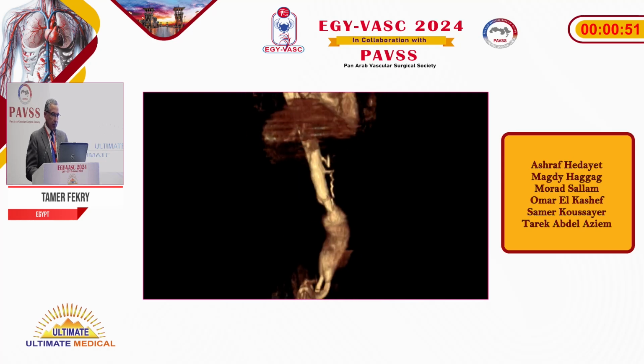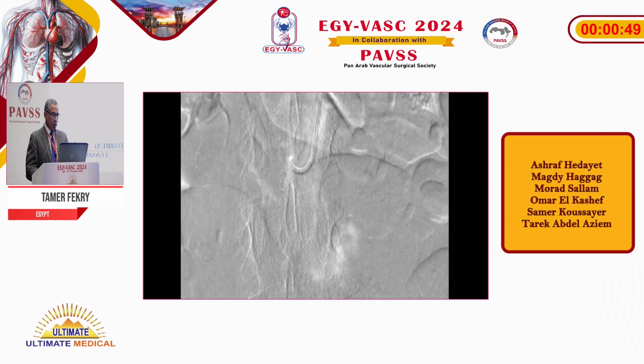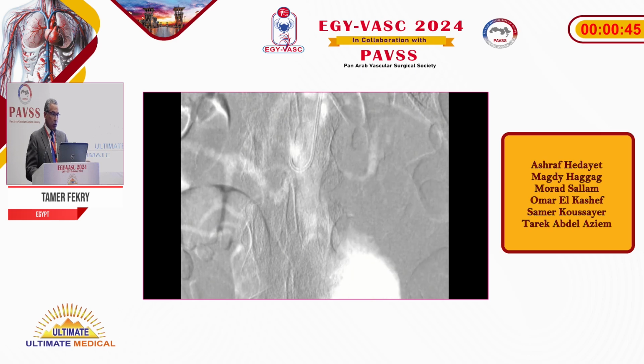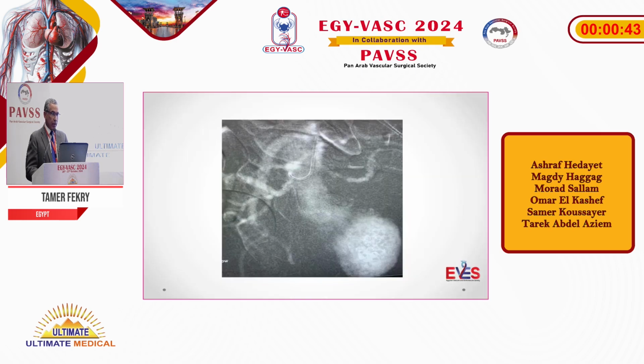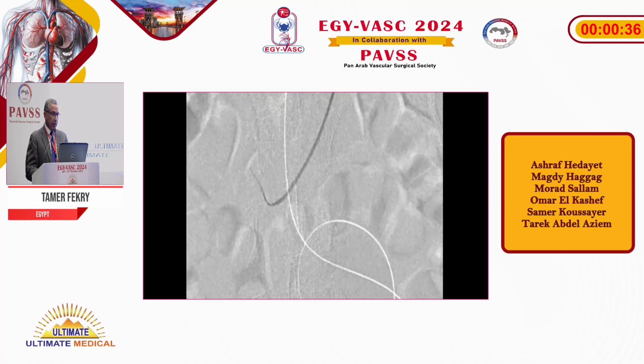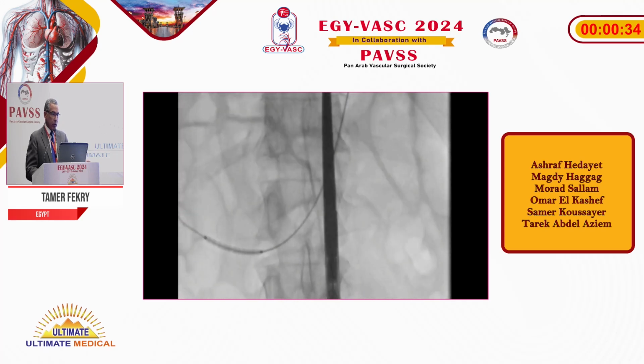And here is the MRA. We started our procedure with diagnostic CO2, and we went from upside to cannulate the right renal artery because it has a short neck, so we have to cover it to do a chimney. And we continue our procedure as usual.